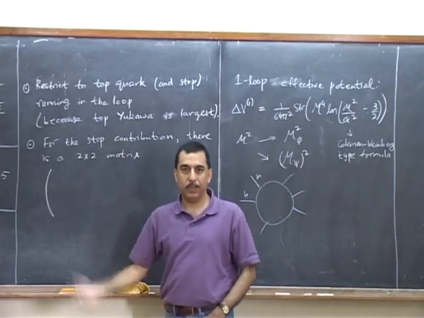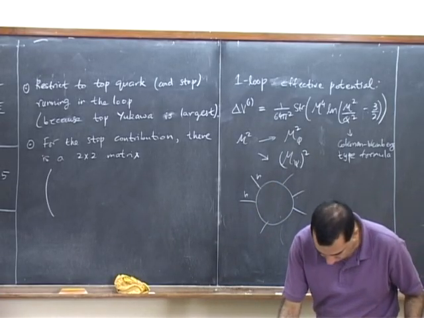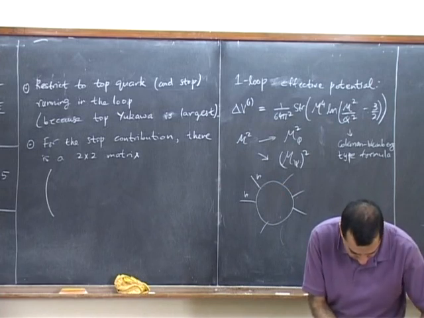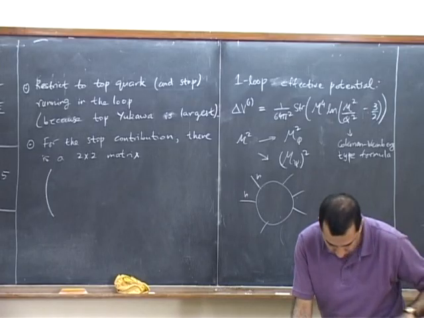And the stau and the stop are very similar as far as these things are concerned. But I think I better write this matrix now because it will be helpful to keep in mind what ingredients it contains.